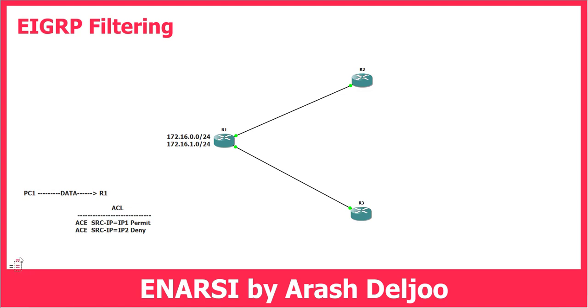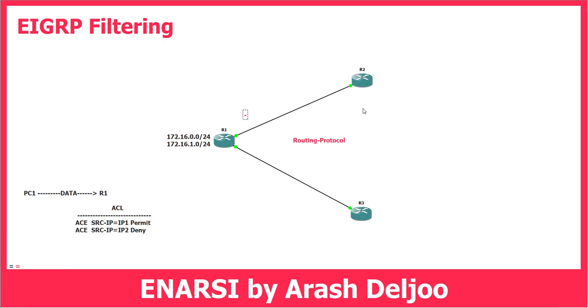Look here. We have router 1, router 2, and router 3. The routing protocol is not important. Assume that we are using one of the routing protocols, not necessarily EIGRP. This can be RIP, BGP, OSPF, or IS-IS. And you know that we should send these two routes to router 2 and router 3.